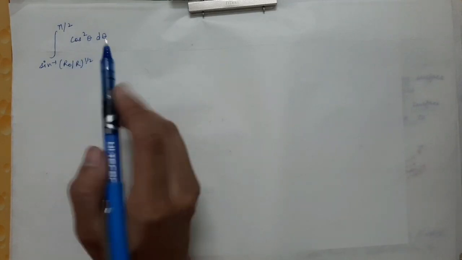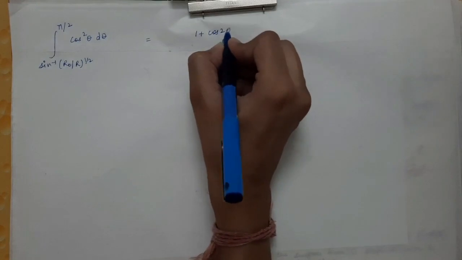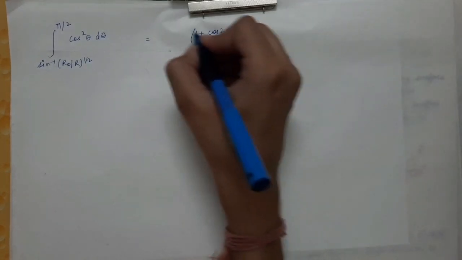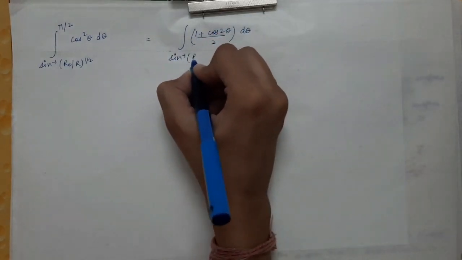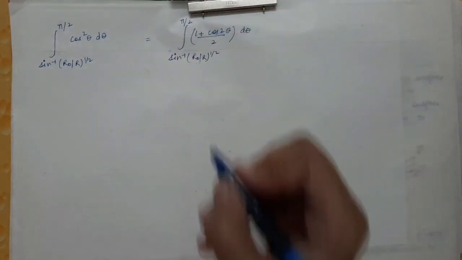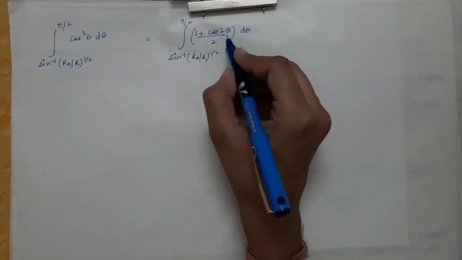So cos square theta is equal to (1 plus cos 2 theta) divided by 2 into d theta as it is, and integration as it is. So limits will remain the same, (r naught divided by r) power 1 by 2, and upper limit will be pi by 2. So firstly we will solve this integral.